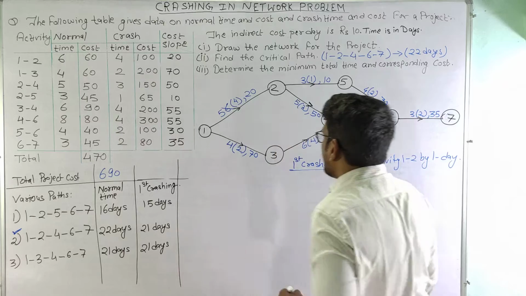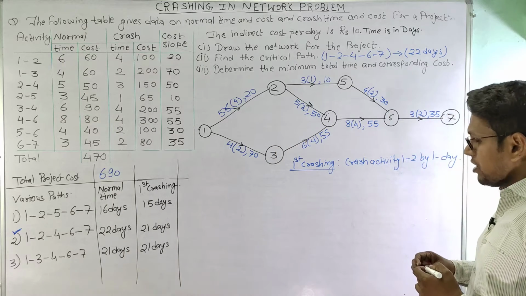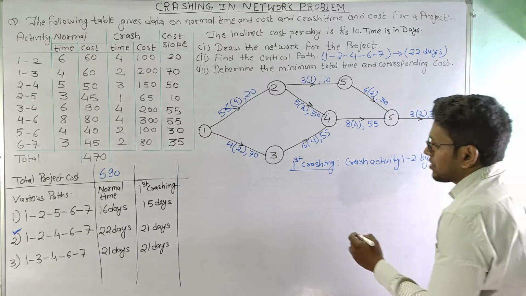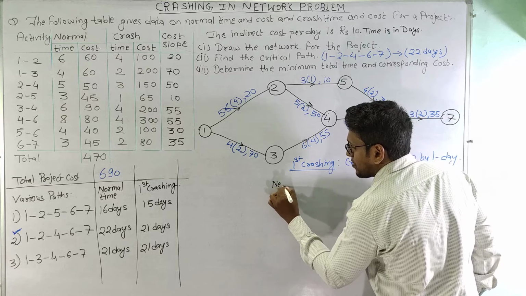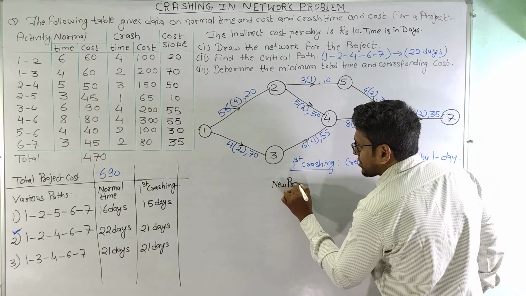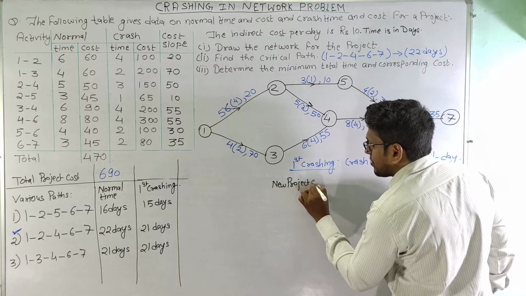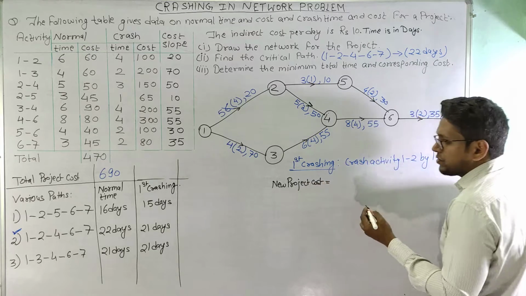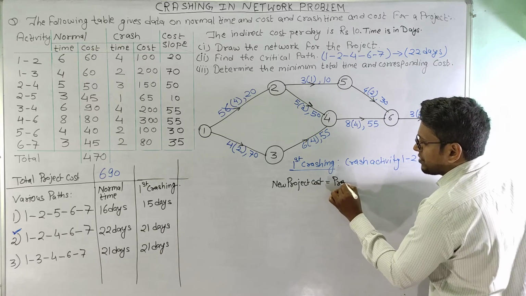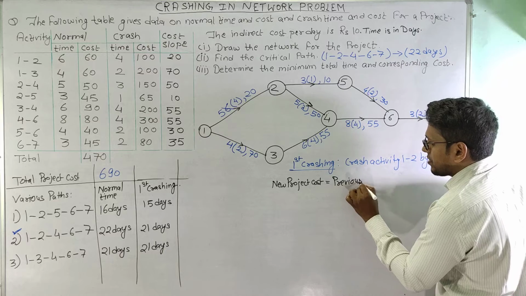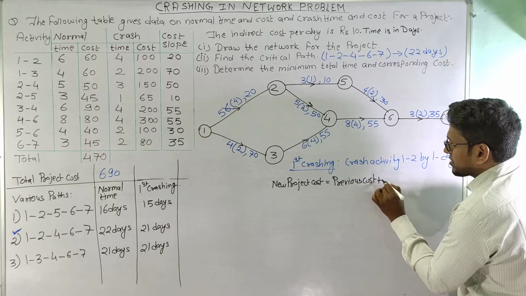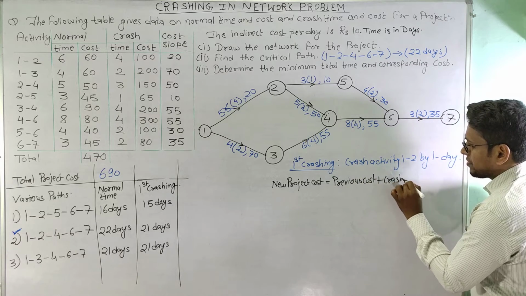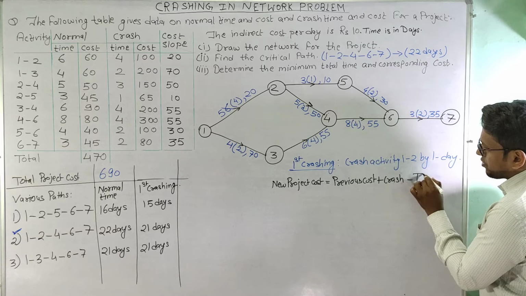And now we will again calculate the total project cost here. So the new project cost is equal to the previous cost plus crash cost minus indirect cost.